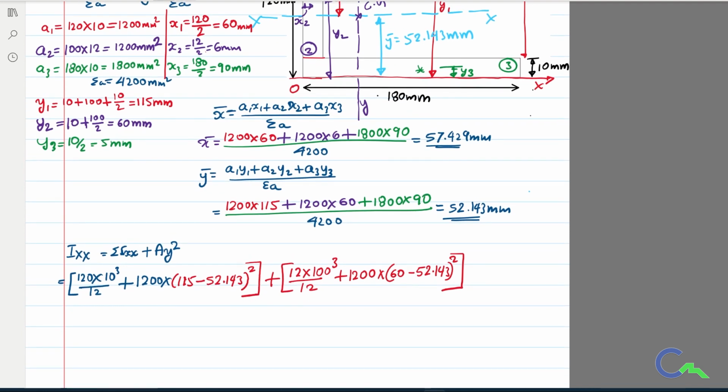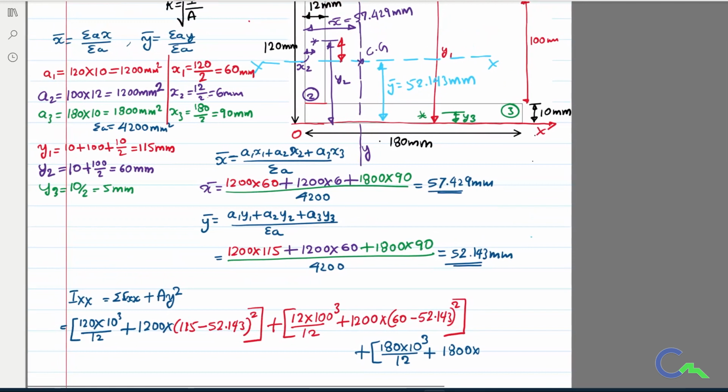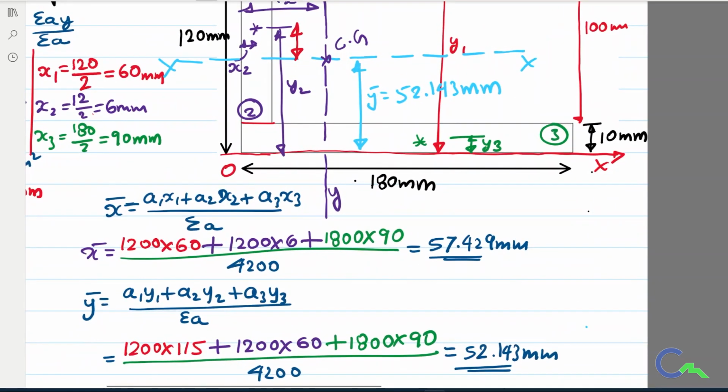Again if I come to the third figure, that is a rectangle, therefore BD cube by 12, where B is 180 and D is 10 mm, plus the area of the third figure, we know that A3 value is 1800 mm squared. Now I want the distance from the centroid of the third figure to the XX reference axis, because I'm calculating moment of inertia about the XX reference axis.